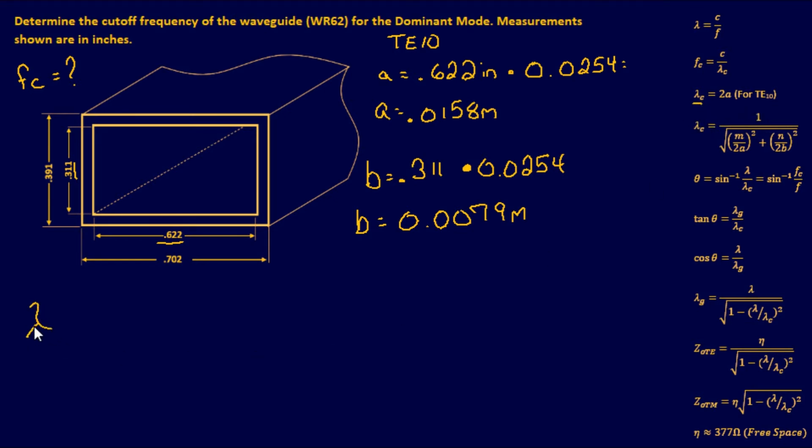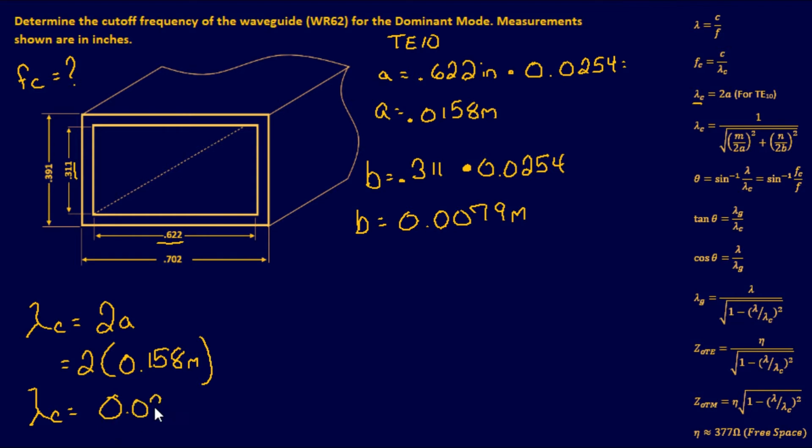So the cutoff wavelength is going to equal 2 times A. And since A is already in meters, we can go ahead and go 2 times 0.0158 meters. And that's going to give us a cutoff wavelength of 0.0316 meters.